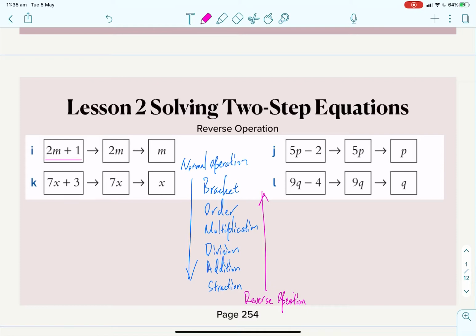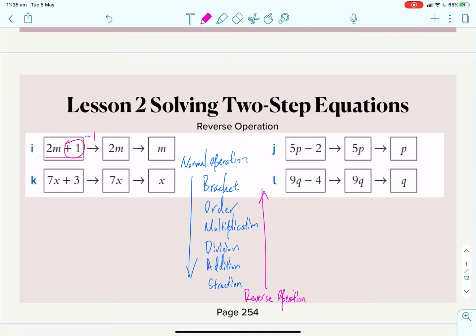For normal operation, obviously we do the times first, but since we're doing reverse, we get rid of the plus first. What's the opposite of plus? Minus. Then we've got 2 times, which is the same as times 2. What's the opposite of times 2? Divide by 2.